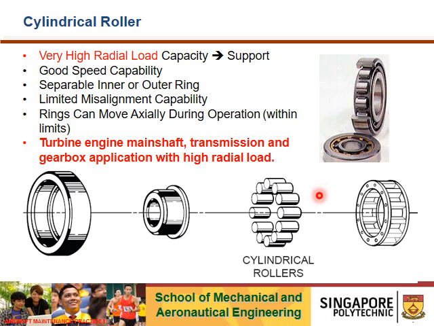But of course, when we come to calculation, we only take roller bearing for radial load. It is used in turbine engine main shaft transmission and gearbox applications with high radial load conditions.